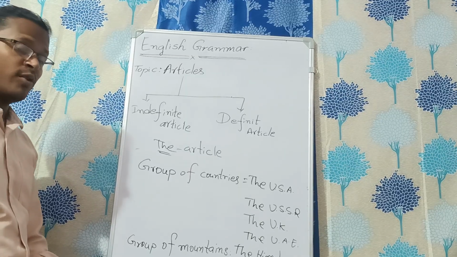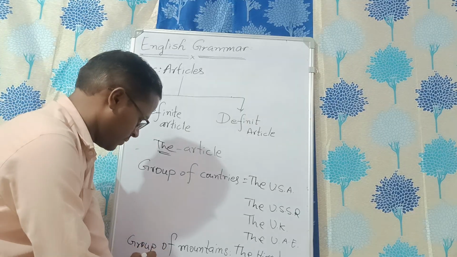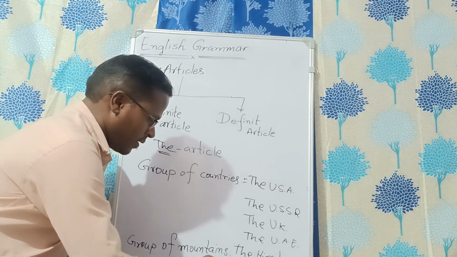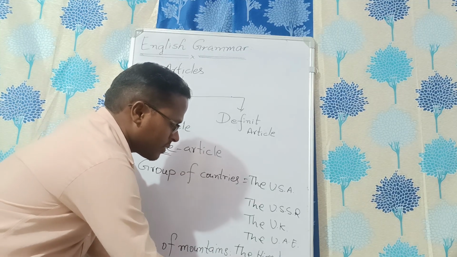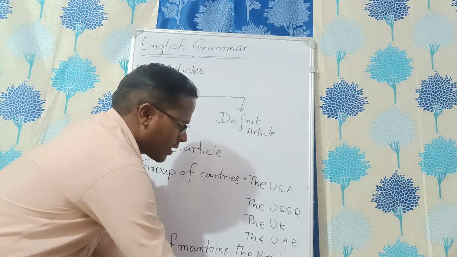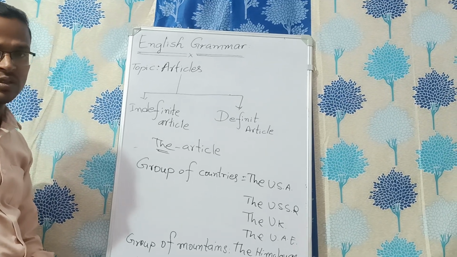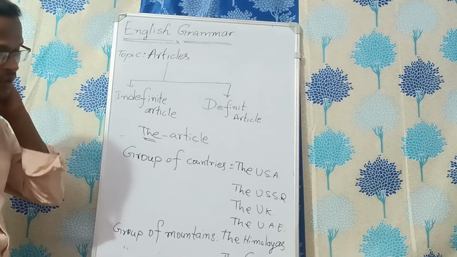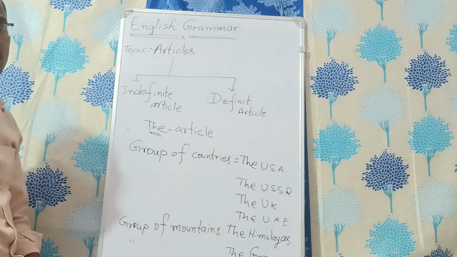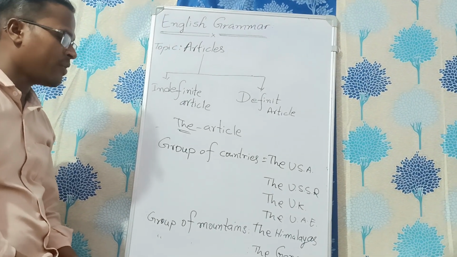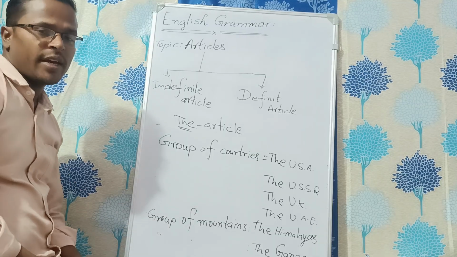And also, when you talk about individual rivers, when they become singular, the Ganga, the Ganga river. Ganga is formed by different rivers. So when you talk about rivers which have tributaries, before those rivers we have to use the article. So you got so many ideas.